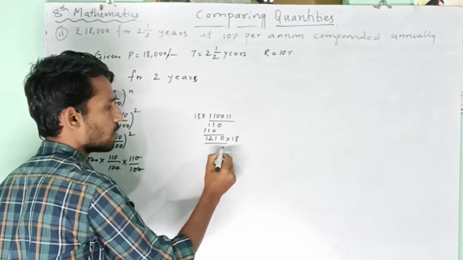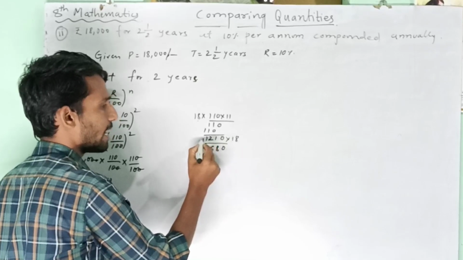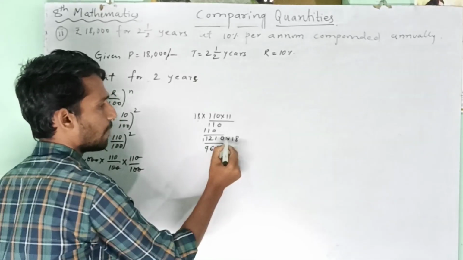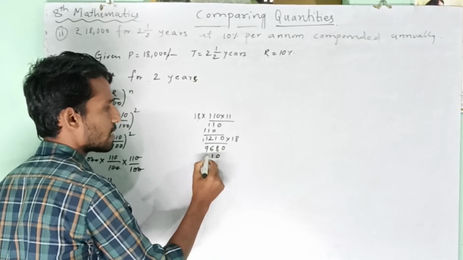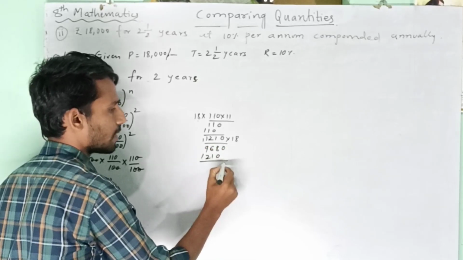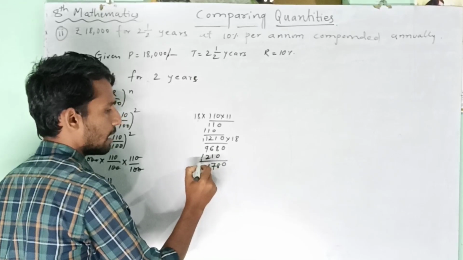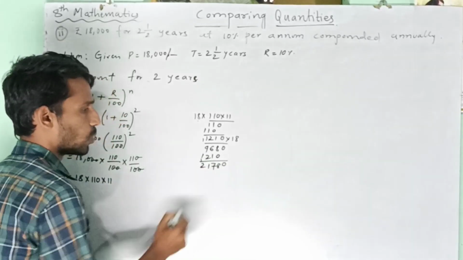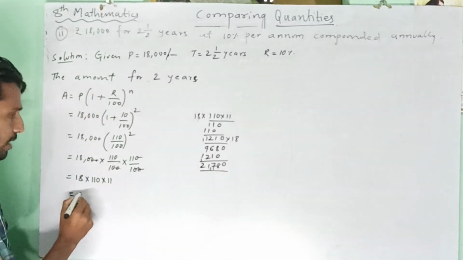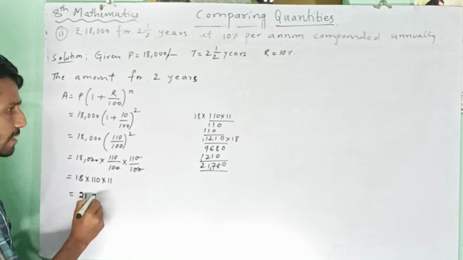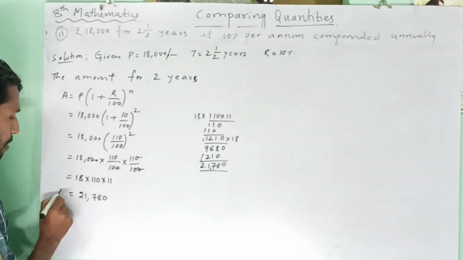Here 8 into 1 is 8, 8 into 2 is 16, 8 into 1 is 8, 9. Okay. Again 1 into 1 is 1, 2 into 1 is 2, 1 into 1 is 1. 21,780. Okay, this is the amount.